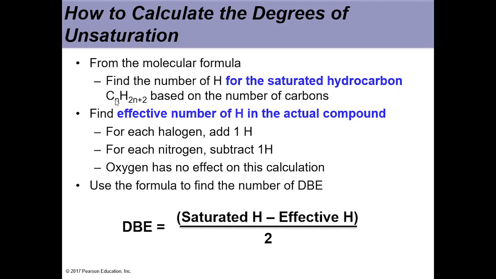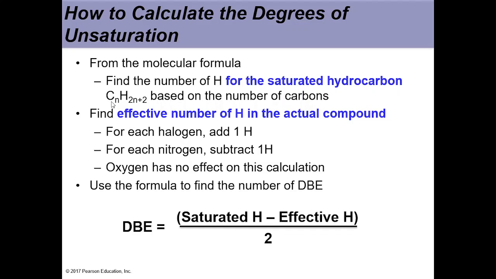Let's say you have n carbons, and then we find the number of hydrogens for a saturated hydrocarbon with the corresponding carbons. Let's be clear here: CnH2n+2 is not the molecular formula of the specific compound you're looking at. It just gives you a calculation of how many hydrogens you should start the calculation with.